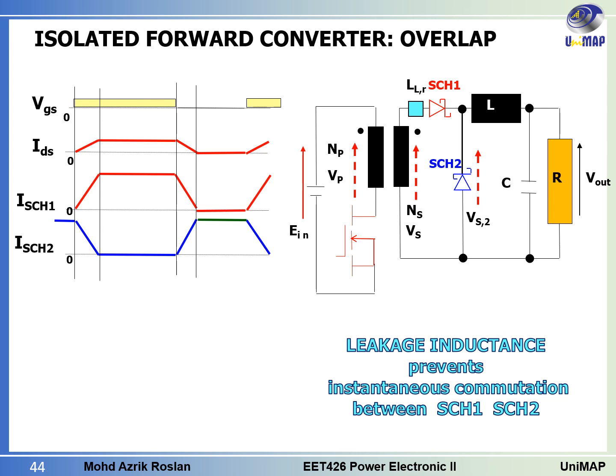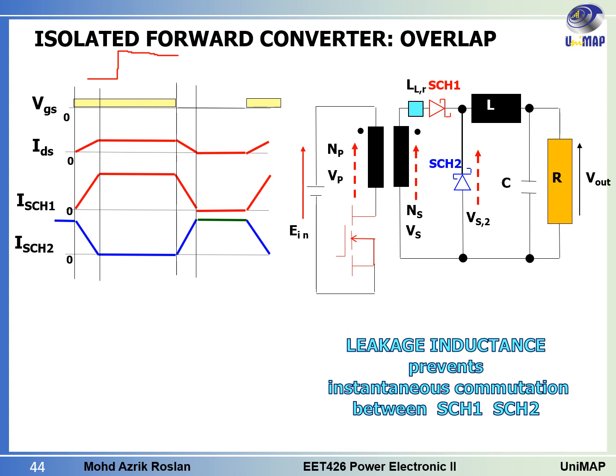forward converter. So the effect is it will prevent the instantaneous commutation between the Schottky 1 here and Schottky 2. Okay, so let's say without the leakage inductance, the current of Schottky 1 will be 90 degree. It will turn when the switch is turned on. It will move to the next level of current.